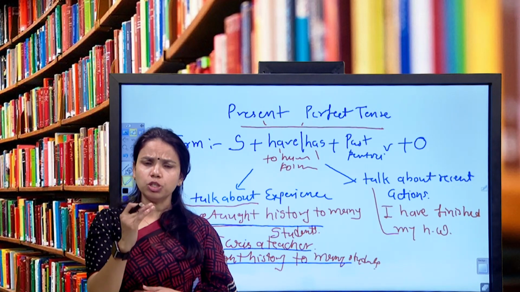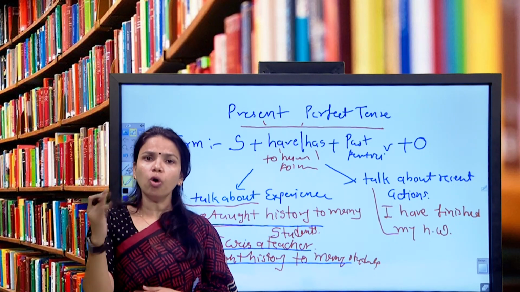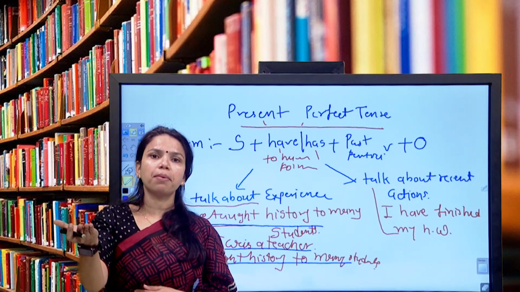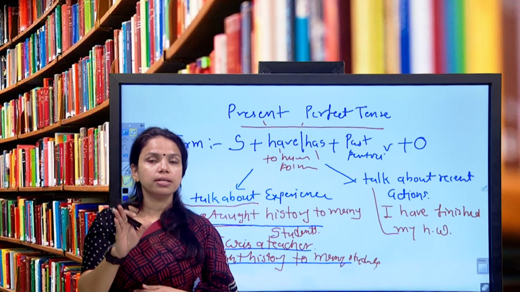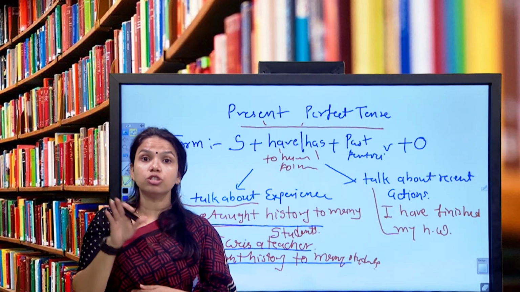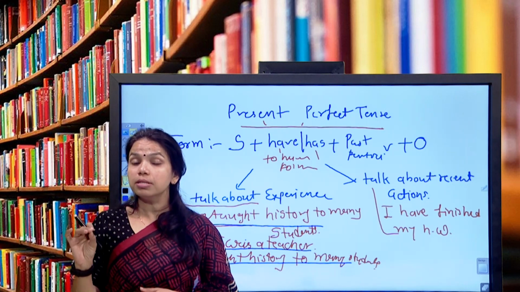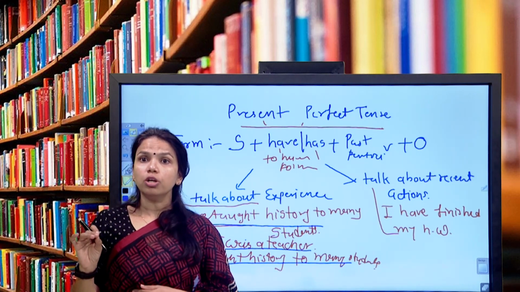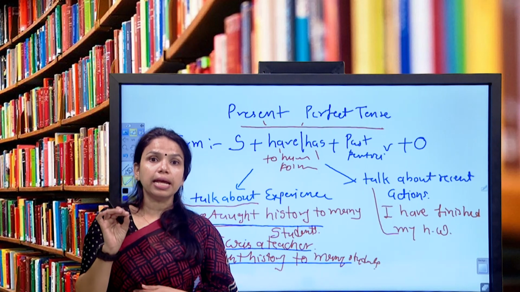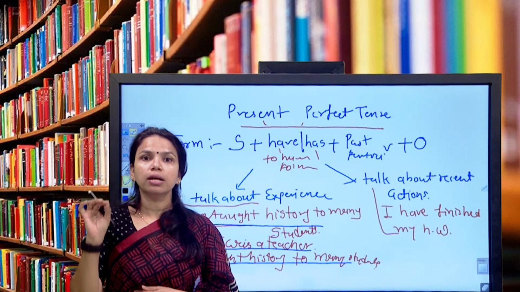Whenever any situation is over or completed in the past, it means it is a past tense. But when you use have or has and the past participle, it means that the process is currently not completed. I am not saying it is going on, but that process is not completed.